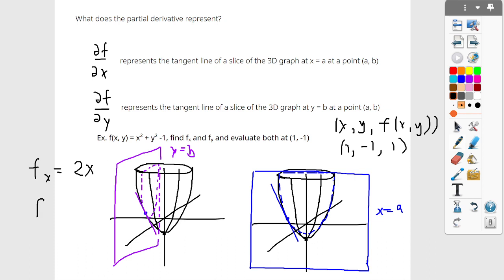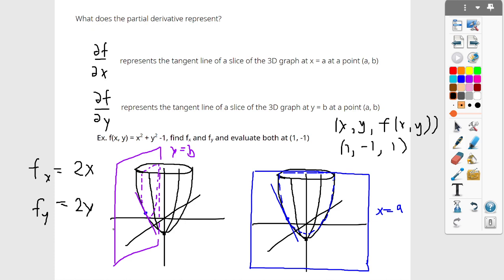Well, I'll let you guys do it. So x squared counts as a constant in this case. The derivative of a constant is always 0. So the derivative of y squared is 2y, and the derivative of negative 1 is a constant as well, so that's 0. So it's just 2y. So it's very, very simple.